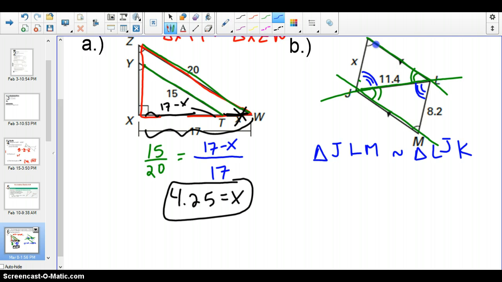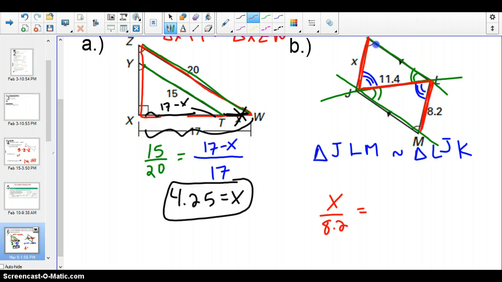Now I need to figure out how to set up a proportion to solve for x. If you look at your corresponding sides, you should see that 8.2 is corresponding with x. So x over 8.2 must equal, now this is something we haven't done before, but this third side is actually the same on both of the triangles.